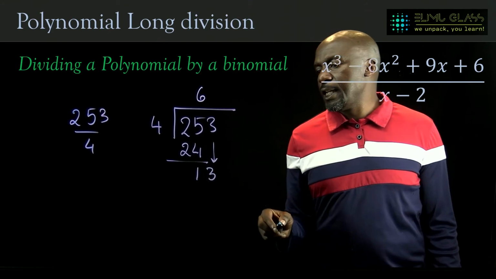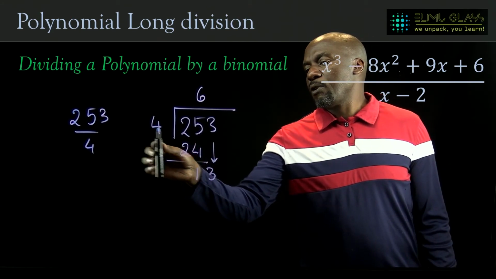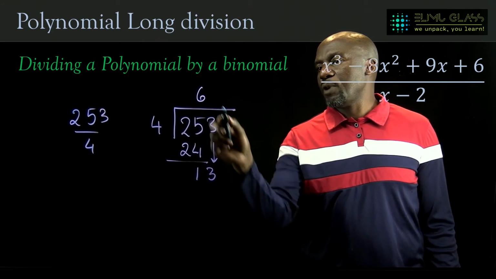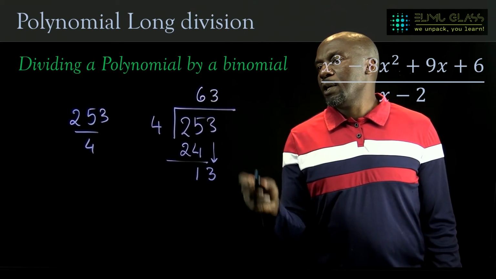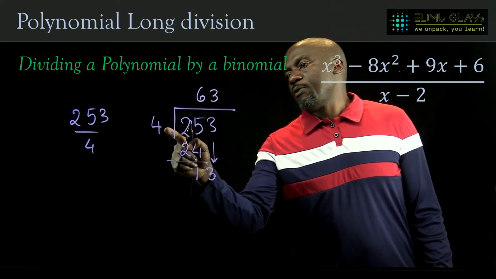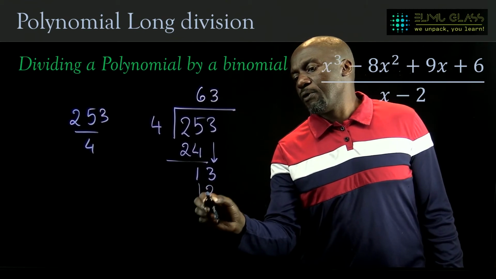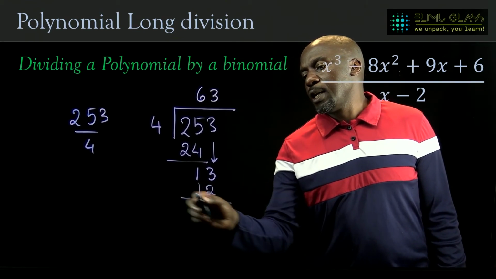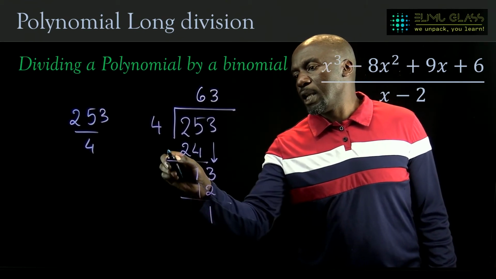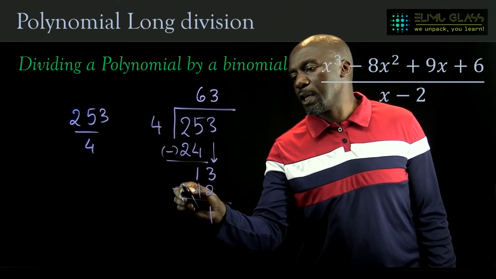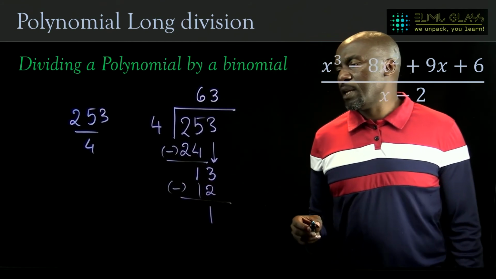We have 13, and we say now 4 goes into 13 how many times? We can say 3 times, and 3 times 4 gives me 12, and so we subtract, and we have a remainder of 1.